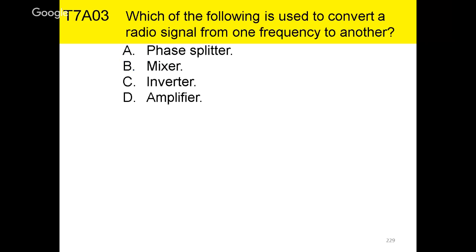Which of the following is used to convert a radio signal from one frequency to another? This is another interesting aspect of ham radio, because some of the HF radios in particular had other auxiliary equipment that you could buy in order to utilize bands that aren't typically on your HF rig.